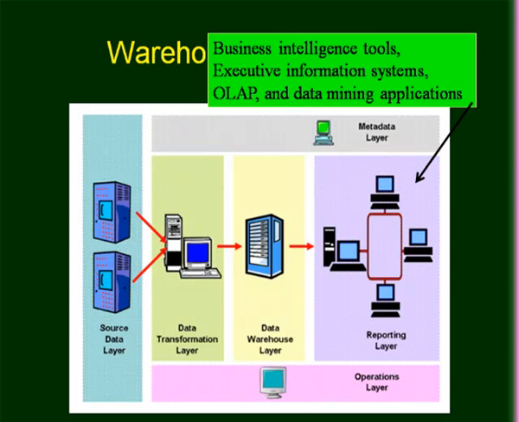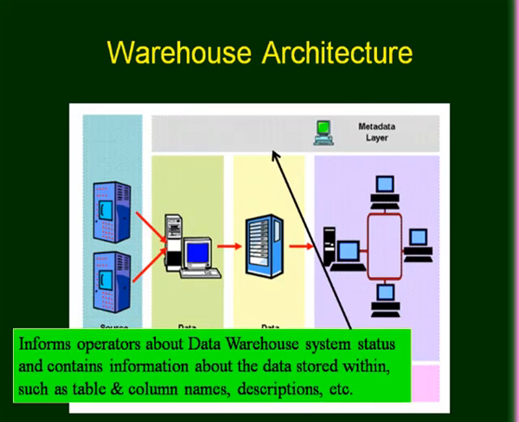Then the reporting layer: BI tools, executive information systems, OLAP, and data mining applications are used in this layer. The metadata layer informs operators about data warehouse system status, and contains information about the data stored within, such as table and column names, descriptions, etc.